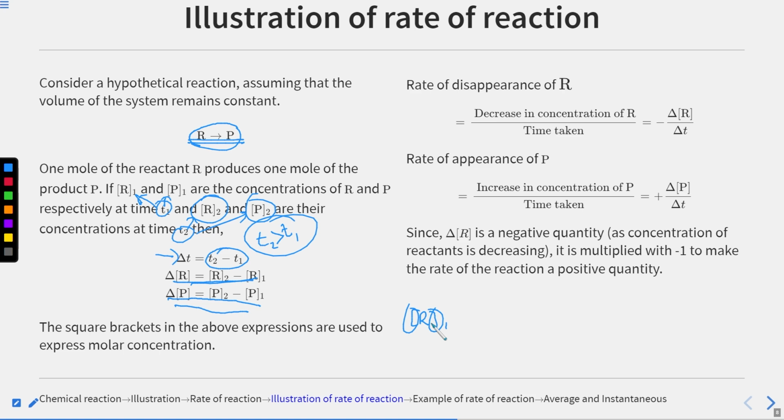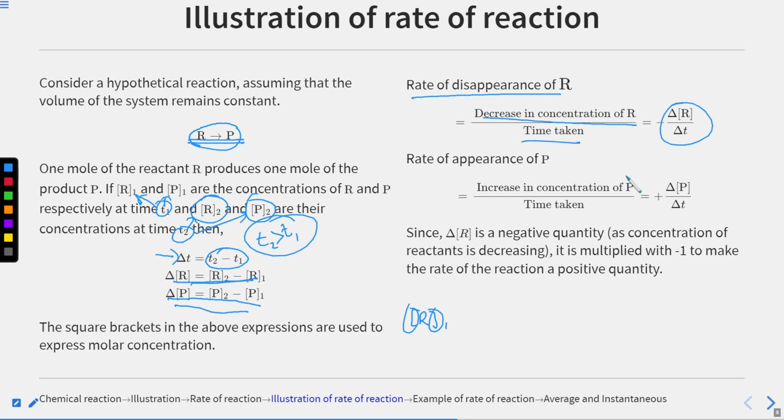Now let us define the rate of appearance or disappearance. The rate of disappearance of R is given by the decrease in concentration of R by the time taken. That gives us minus delta R by delta T. I will tell you why this negative sign is present, but for now, the rate of disappearance of R is the change in concentration over the time taken.